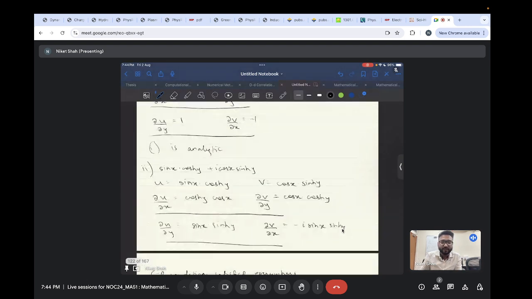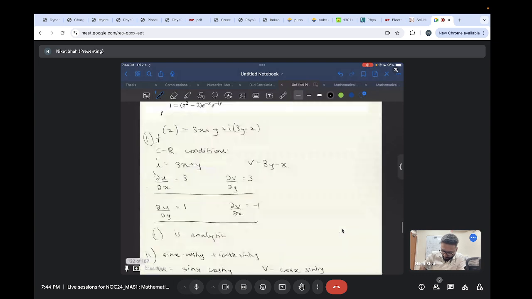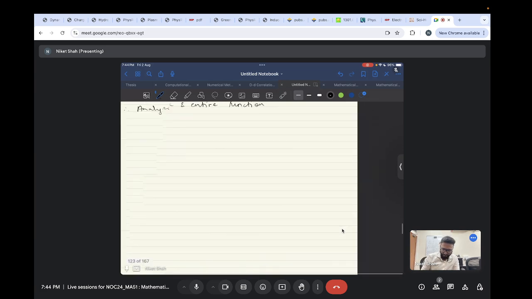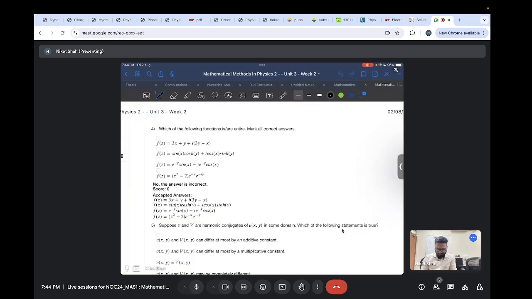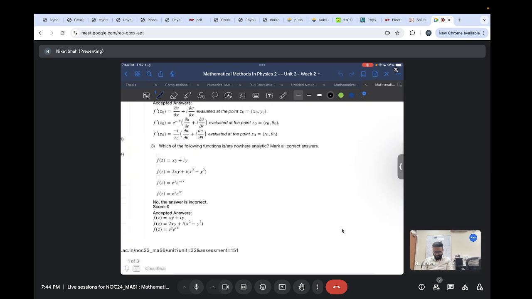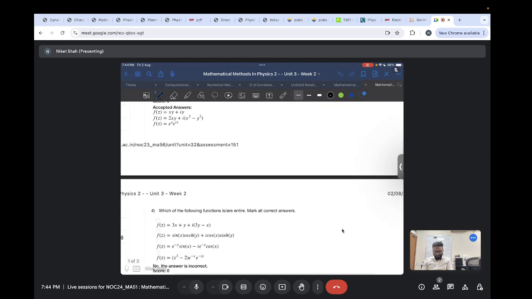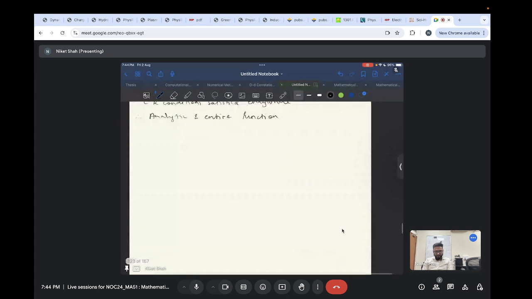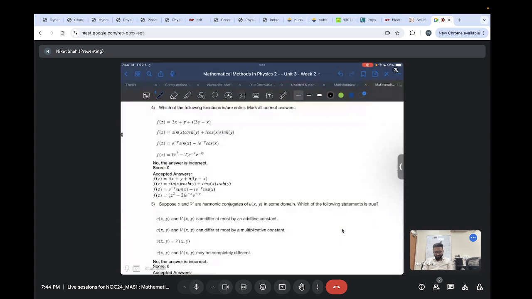So the first and second one both are analytic and entire. Here also, of course, this function is entire. This was question 4. Now let's move on to question 5.